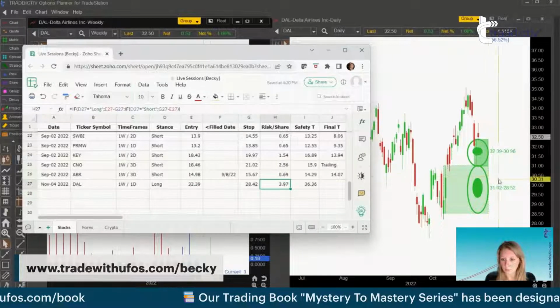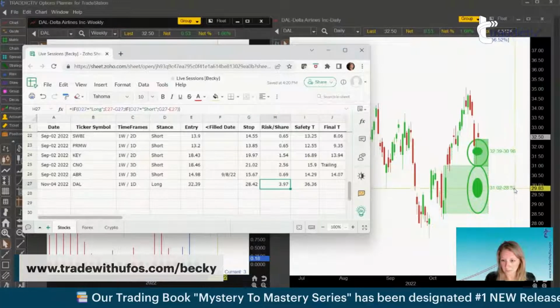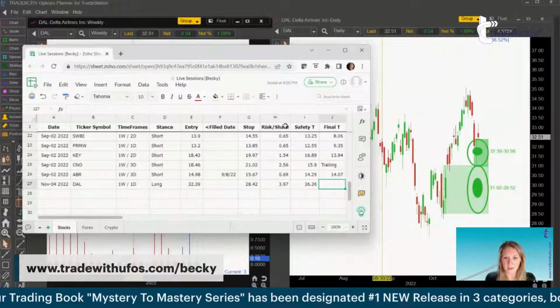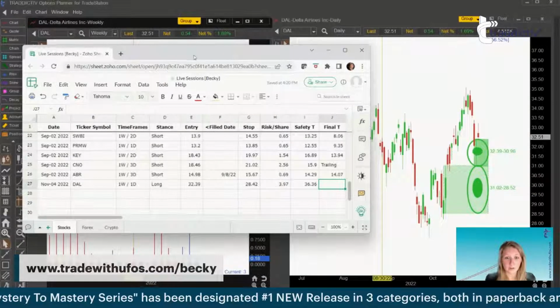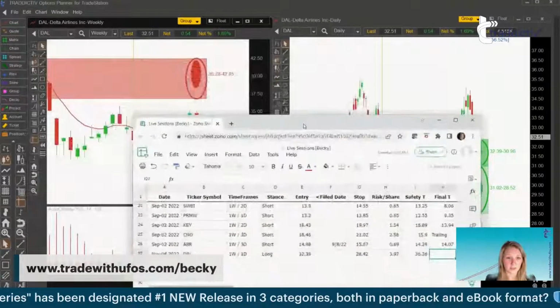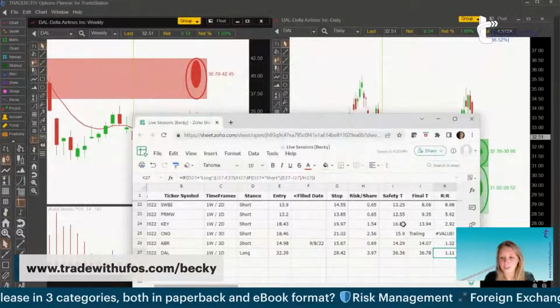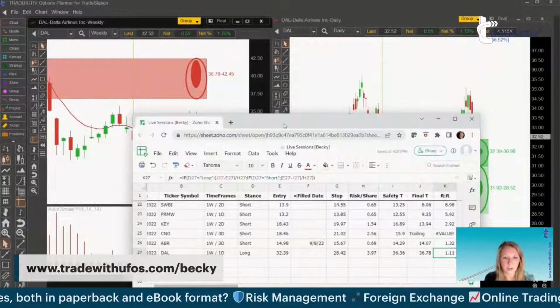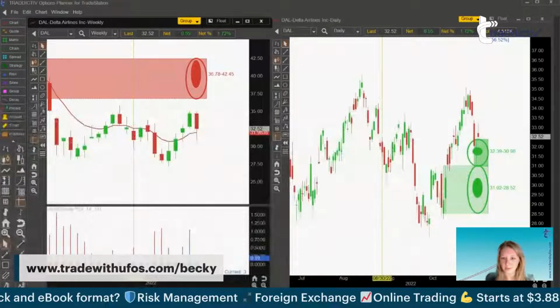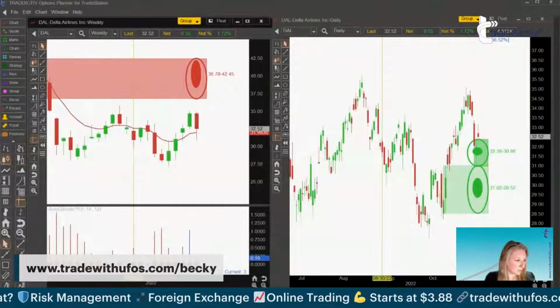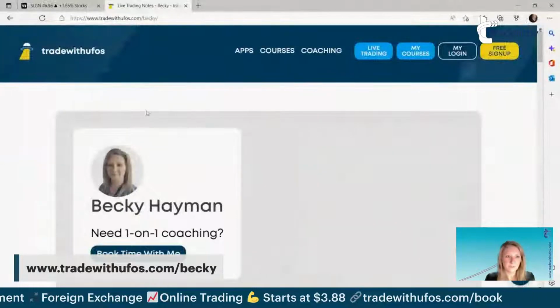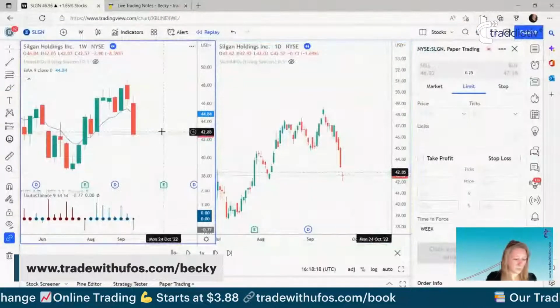So that's where I'm taking this number and taking off 10 cents. Our safety target is figured out for us at 36.36. Our final target would be 36.78, which is just over a 1-to-1 away. Good enough for me to place the trade. So let's bring up TradingView and we will put this in.